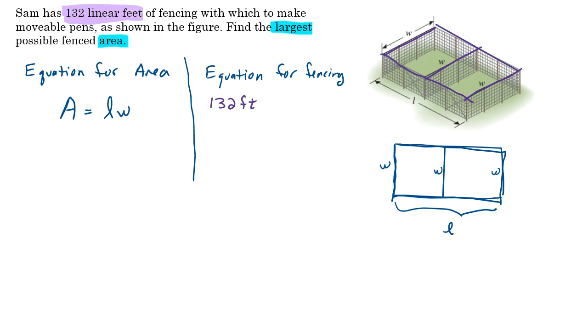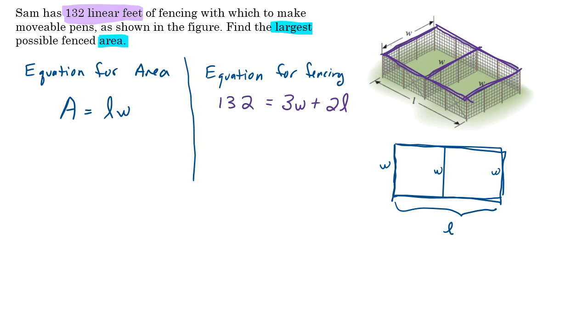Okay, so let's see, we need W 3 times, right? We need 3 lengths of this W. And then we need to put some fencing here and here. So we need 2 lengths of this L, whatever that L is. And add those together, and that's going to add up to be our 132 feet of fencing. I'm just going to take the feet out here for now.